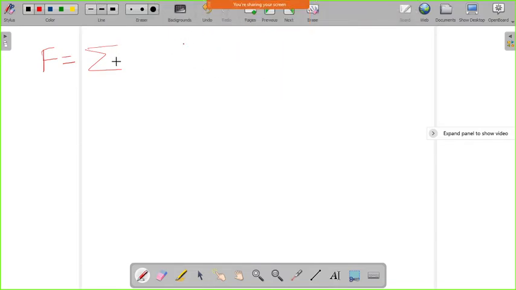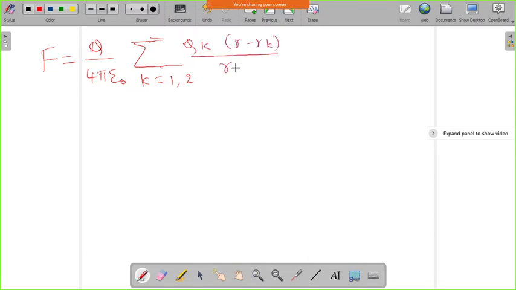So q by 4 pi epsilon naught, summation k equal to 1, 2, because there are two charges, qk into (r minus rk) divided by |r minus rk| whole cube.